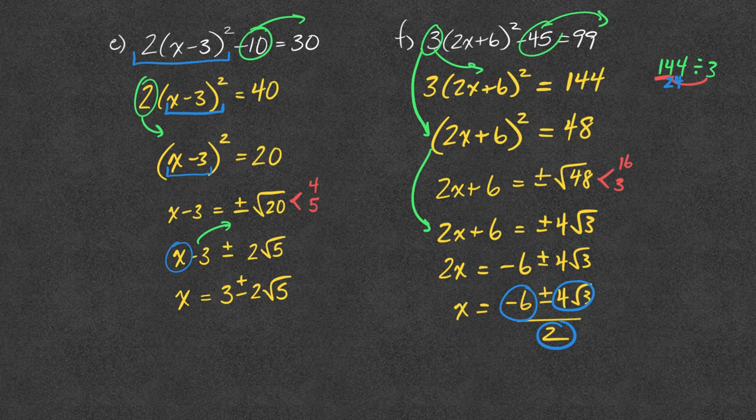So I can divide out that 2 from the top and the bottom, and that's going to get me negative 6 divided by 2 is negative 3, the plus and the minus. 4 divided by 2 is 2, and I still have that root 3 attached. Now, please don't still have a 1 on the bottom.